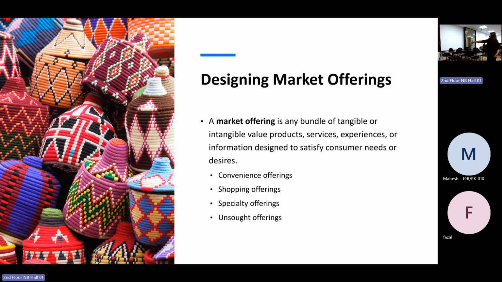Then the market offerings we can categorize into four. Right? We have convenience, shopping, specialty, and unsought. Sometimes in economics, you may have learned these are under products. These are different products, right? So what does it mean by convenience offering? You may have learned it as convenience goods in economics.